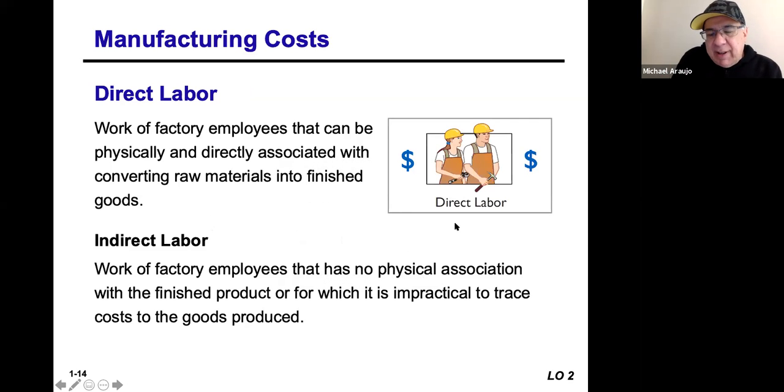Direct labor, as you learned, is specifically involved in creating the product. Indirect labor has no physical association with the product being made. The payroll accountant doesn't make the automobile in a factory, for example, so that would be indirect labor, versus the persons on the factory floor making automobiles, who are direct labor.